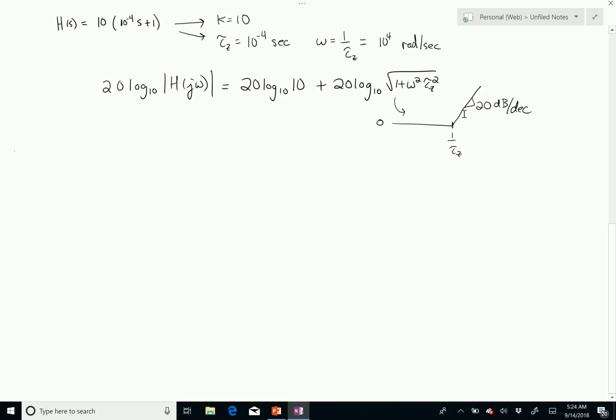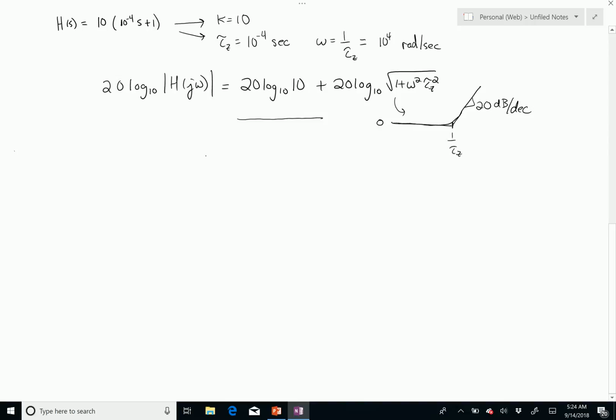The only difference is that in MATLAB, the actual response is about 3 dB higher at the zero frequency, whereas for a pole it would be 3 dB lower than the approximation. It makes sense that it would be higher because it's going up instead of down. A constant is just a constant, very easy to imagine.